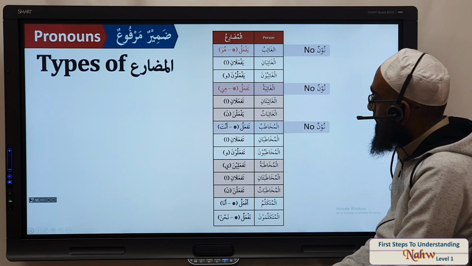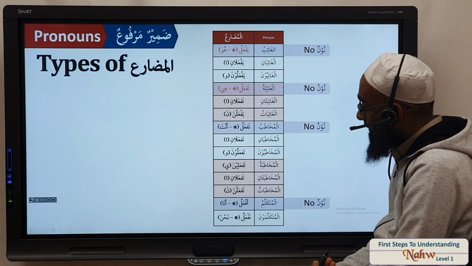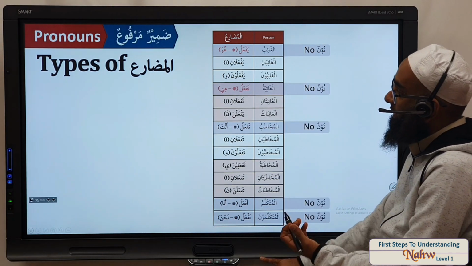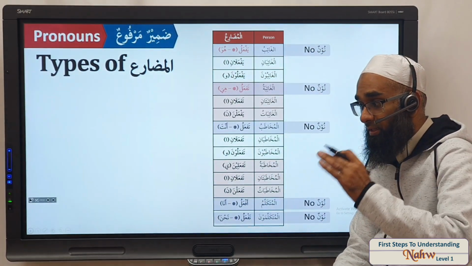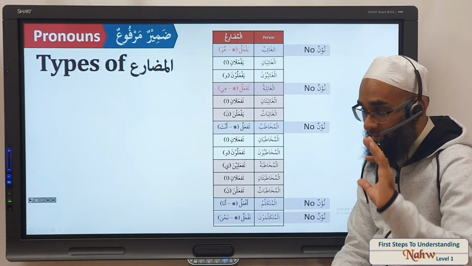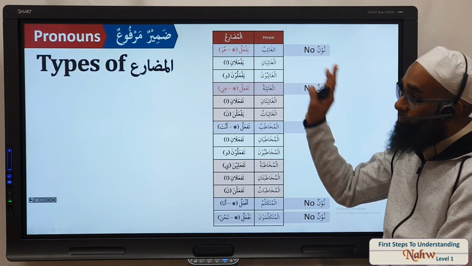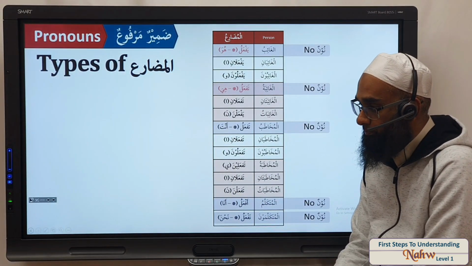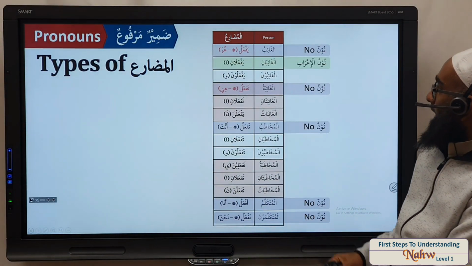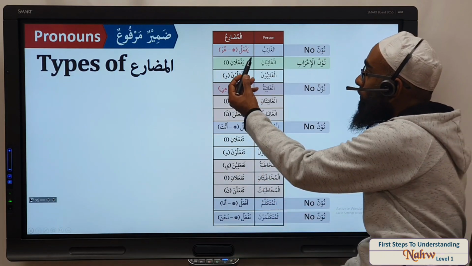Similarly, taf'alu, af'alu, and naf'alu. So basically, when the dhamir is mustatir, the dhamir is hidden inside, there's no alif, waw, ya, or noon at the end, no dhamir at the end, it'll have no type of noon whatsoever. So far, so good? Yes? Then these have noonul i'rab.